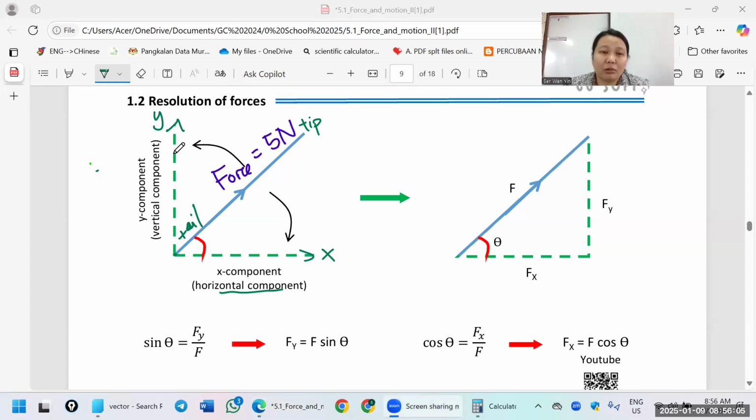So now this is called resolution of force.